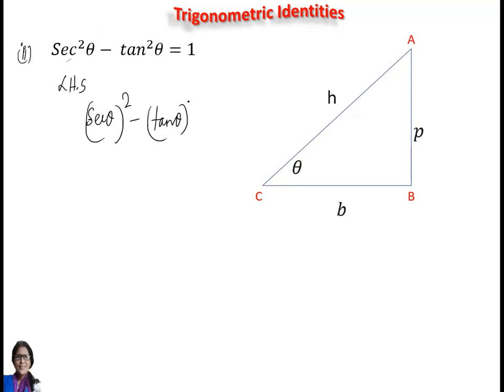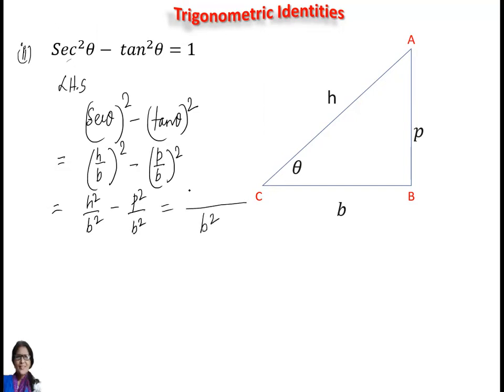Immediately you will recall what sec theta is. Sec theta is equal to h by b, and tan theta is equal to p by b. Make it square, both the numerator and denominator. H square by b square minus p square by b square. Take the LCM, b square. It will be h square minus p square.